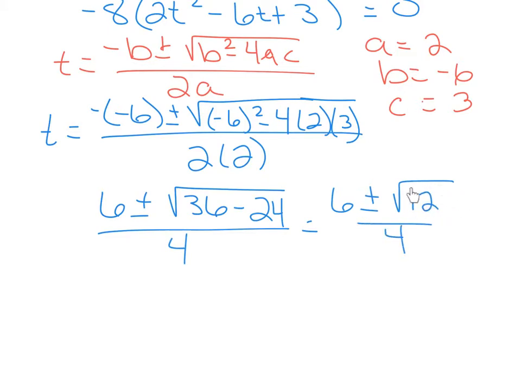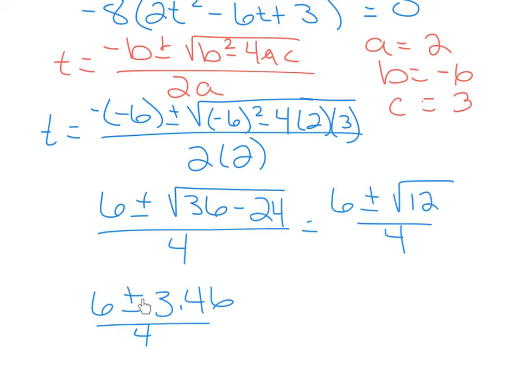And again, at this point, since this is a word problem, we're just going to change the square root of 12 to a decimal. Oh, I'm sorry, it's not a square root anymore. It'll be 6 plus or minus 3.46 over 4.